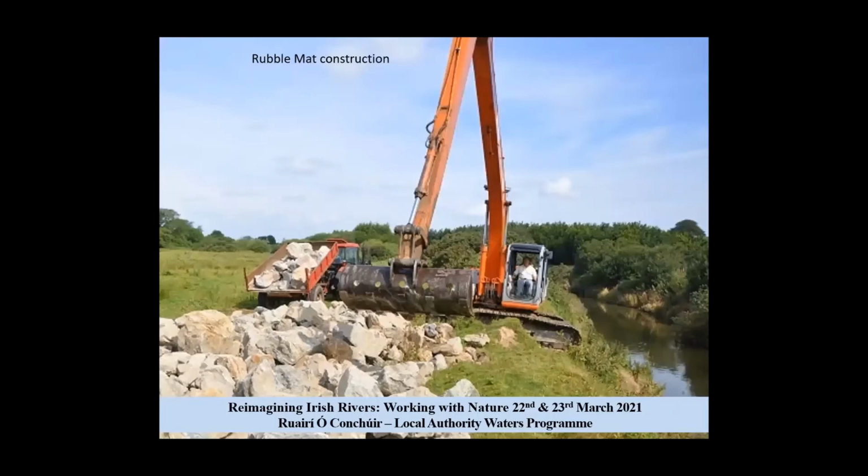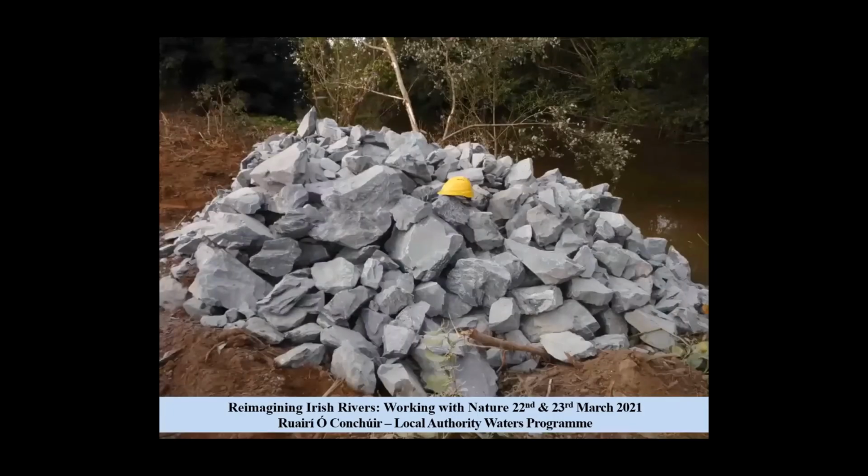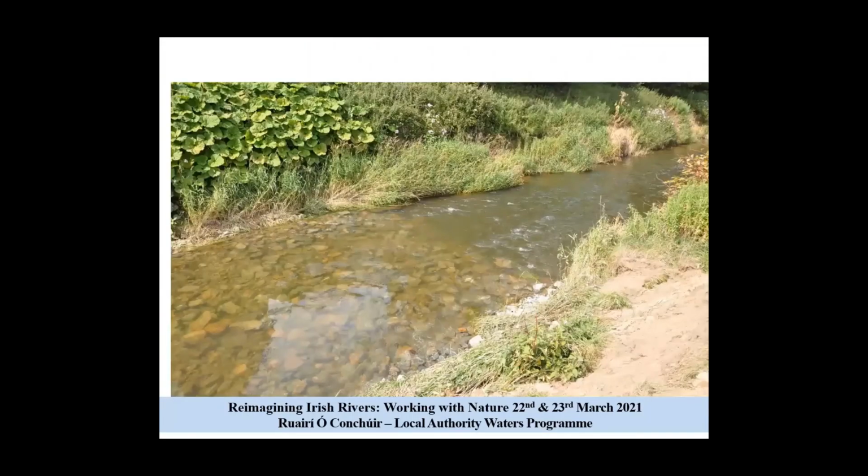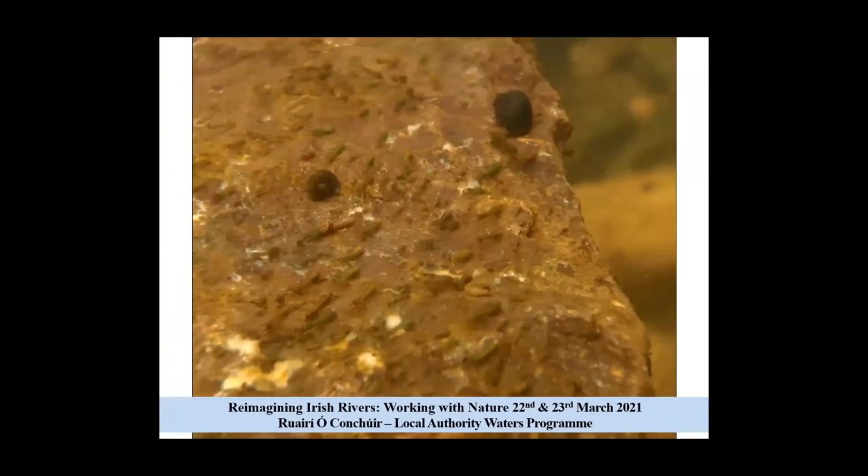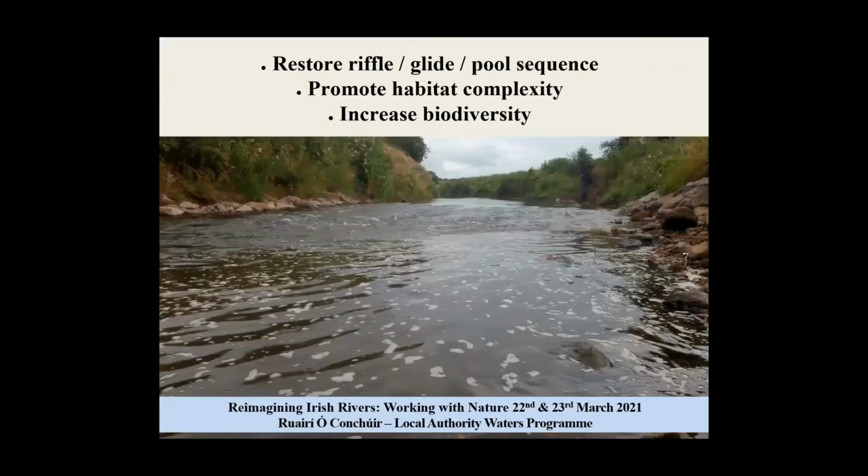This is one being installed here. So you can see the interlocking cobble on the floor of the river and the riffle on the downstream section. Almost immediately colonized by macroinvertebrates, providing food, providing habitat, and adding to the complexity of the river.